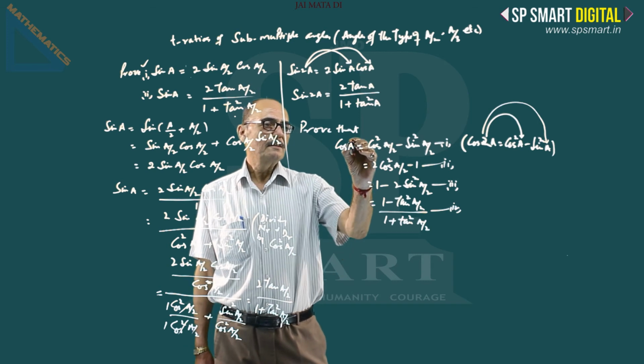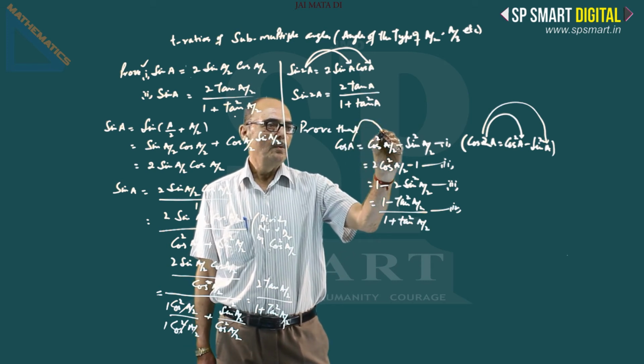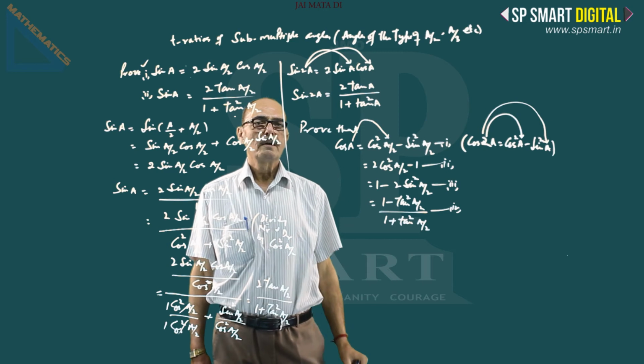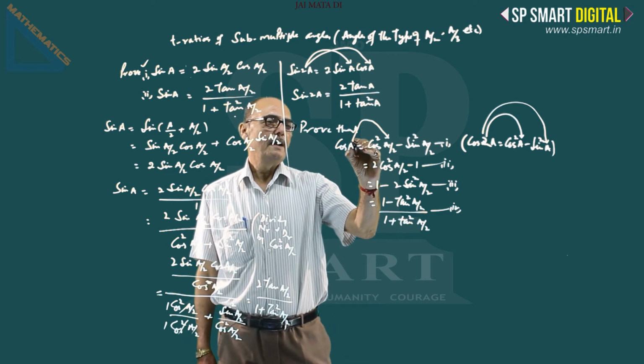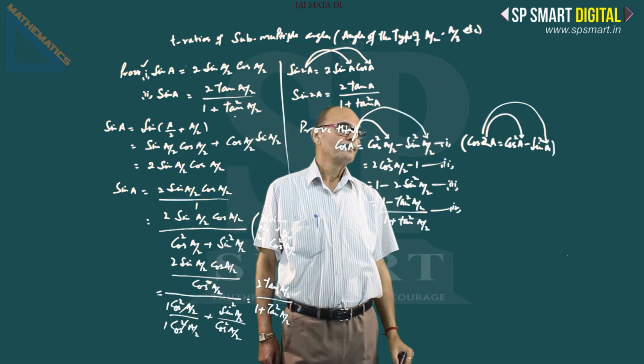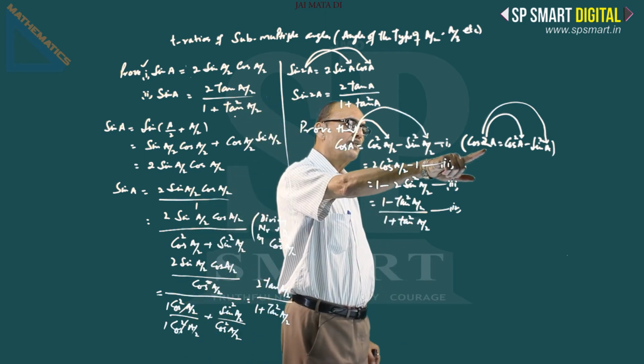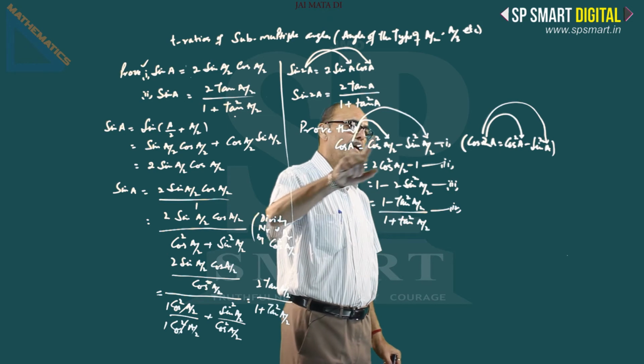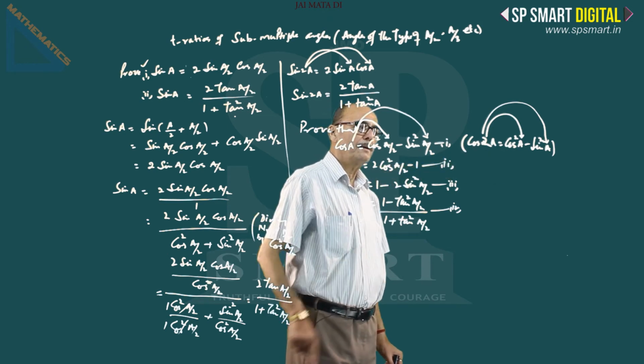Similarly, in this case, half of A is A by 2, cos square A by 2, and half of this will come with sin. The only difference is here 2A is replaced by A, and on the right hand side A is replaced by A by 2.